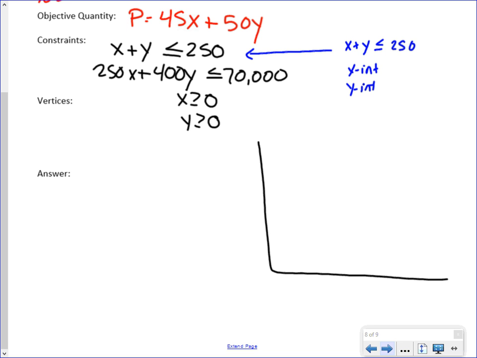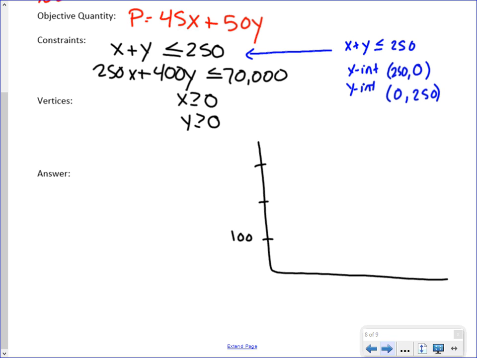To find an x-intercept, y must be equal to 0. So if you put 0 in for y, what's x? 250. To find your y-intercept, put 0 in for x. What's your y-intercept? 250.